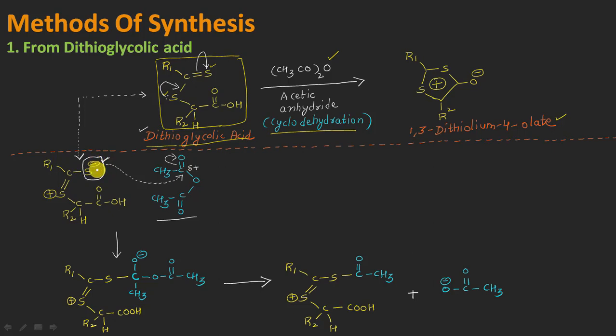So now this sulfur negative will attack this carbonyl group, sending the electrons of the pi bond onto the oxygen atom, giving a negative charge, and also a bond will be formed between this sulfur and this carbon atom, which you can see in this next intermediate.